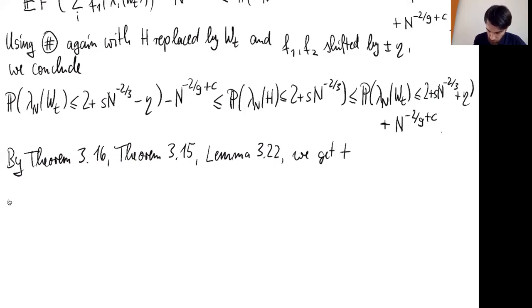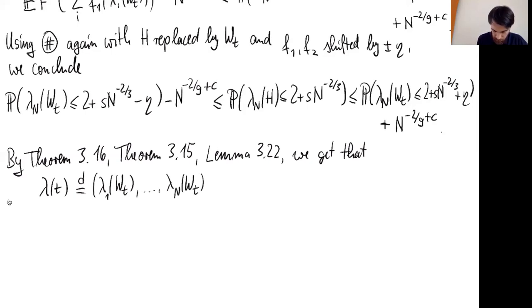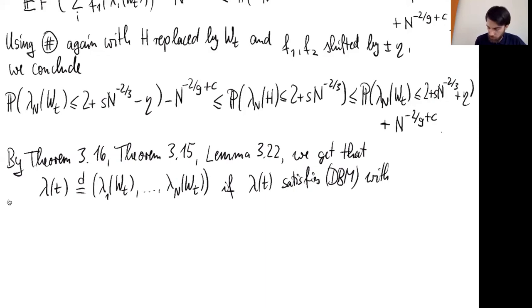We get the following. We get that in distribution, lambda n of t is the same as lambda 1 of wt up to lambda n of wt, if the lambda t satisfies the DBM equation with a special initial condition, namely with the initial condition that everything started from the eigenvalues of w0.